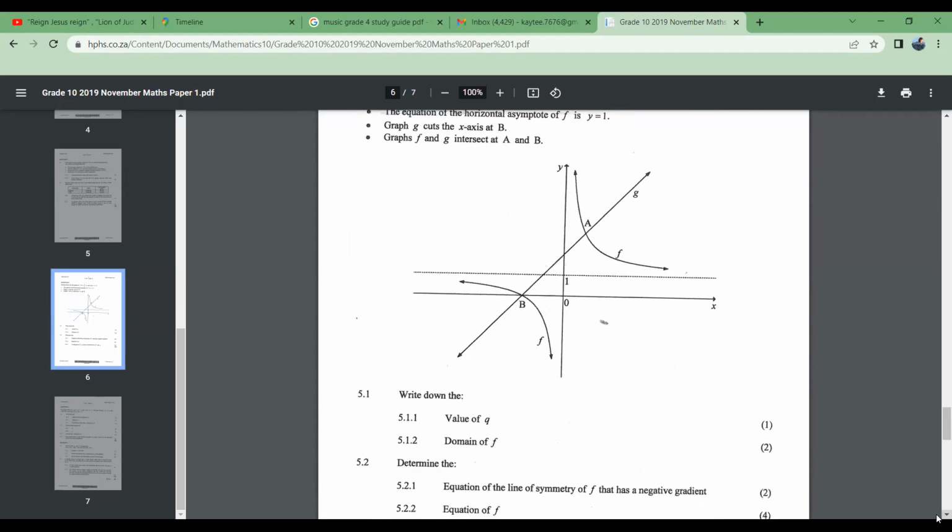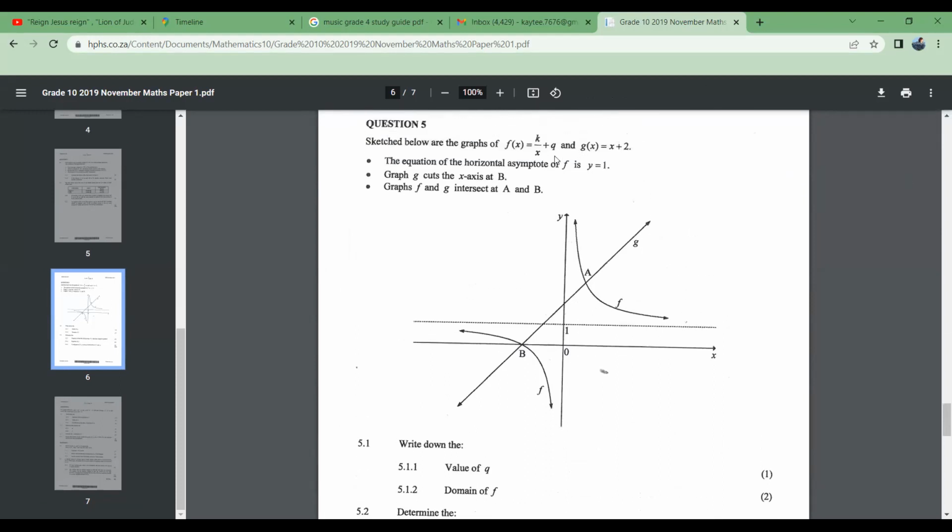Write down the value of Q. Q is 1. How do I know that Q is 1? Because this is a hyperbola. I know that a hyperbola looks like this because of K divided by X, the fact that we are dividing by X. I will explain why it looks like this.